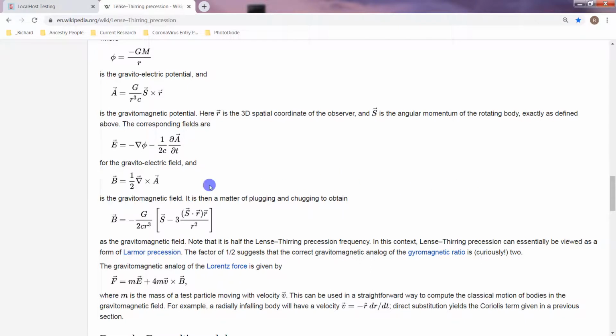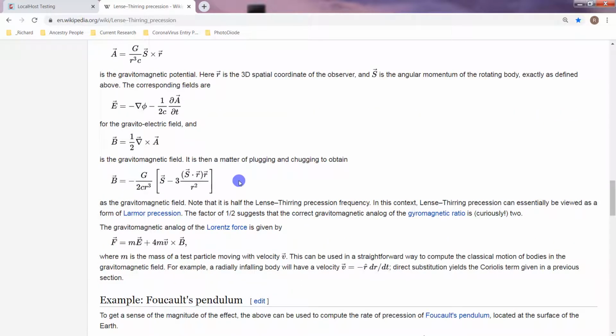So if this is the curl of this potential field, so the magnetic thing. This one is a fantastic simplification of a dipole magnetic field, and this is better done in electromagnetic units.